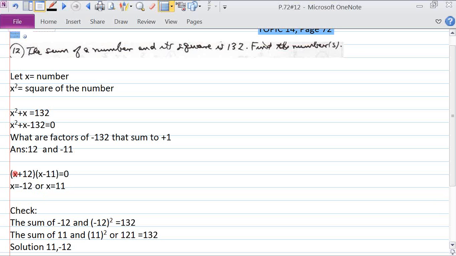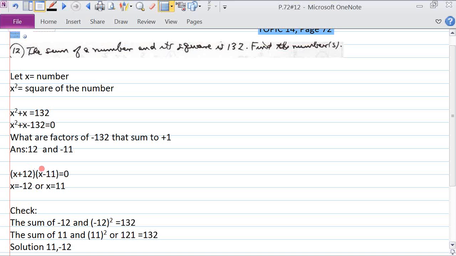And you can see here x times x gives me x squared, plus 12x minus 11x gives me plus x, and plus 12 times minus 11 gives me minus 132. So I'm using the FOIL method on this line to make sure it equals this line.